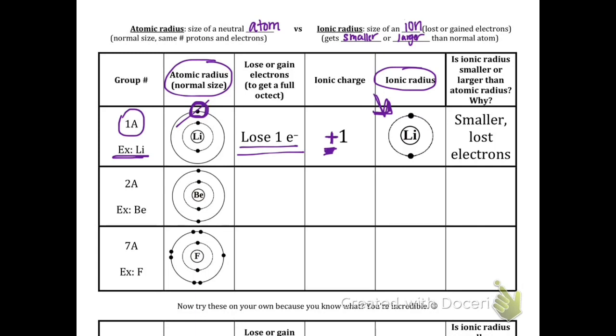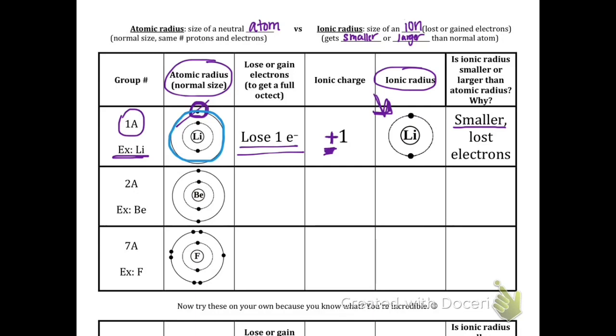Over here with lithium, because we lost 1 electron, you can see that it lost an entire ring. So really quick right here, this ring is now gone. And because it's gone, we got smaller because we lost electrons. Well, specifically, we lost only 1 electron.